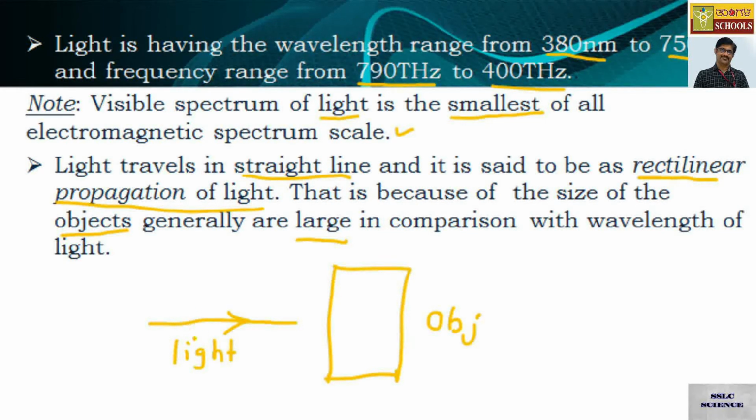The wavelength of this light ray is very much smaller in comparison with the size of this object, and hence we are saying that for light there is a rectilinear propagation. I hope you understood all these points discussed.